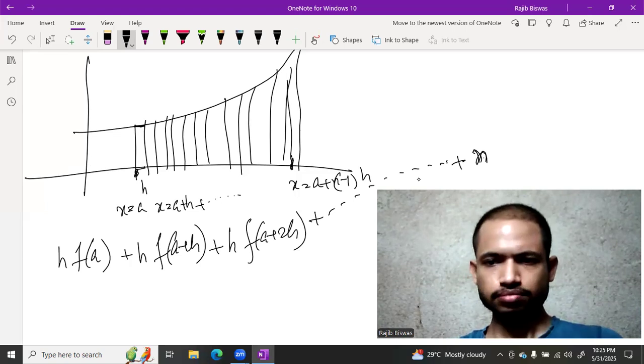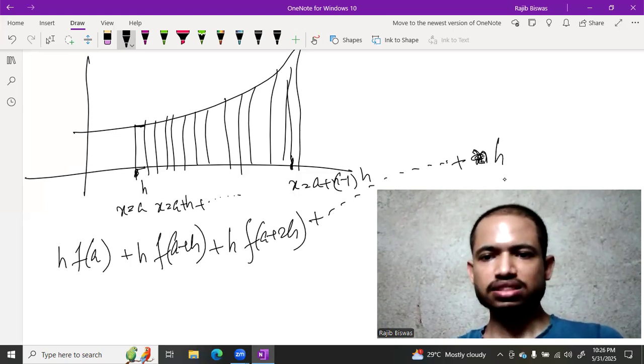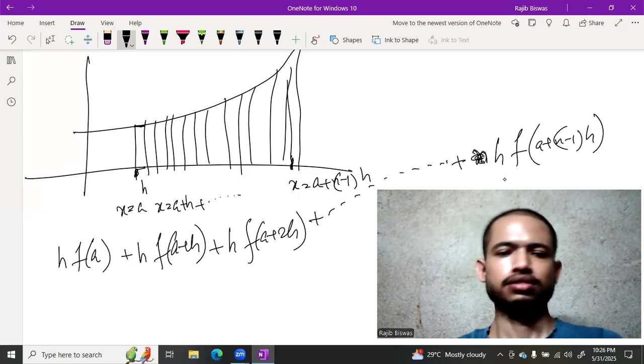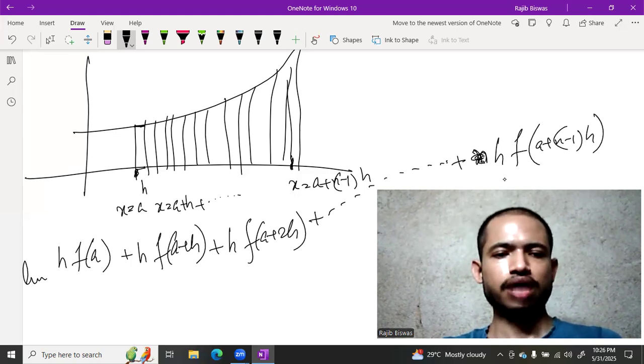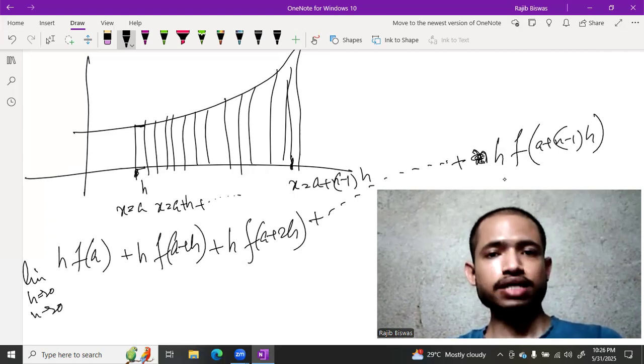Very simple. So for the last rectangle, the height will be f(a plus (n minus 1) into h). Now we have to write the limits also. And note that here the number of rectangles is n, and n is approaching infinity.